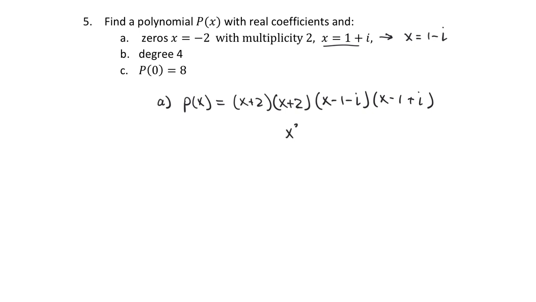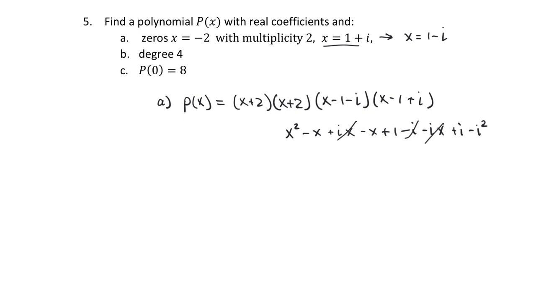So x times x is x squared, minus x plus ix. And now we distribute the -1. That's going to be negative x plus 1 minus i. And then we distribute the negative i here, and we're going to get minus ix plus i minus i squared.